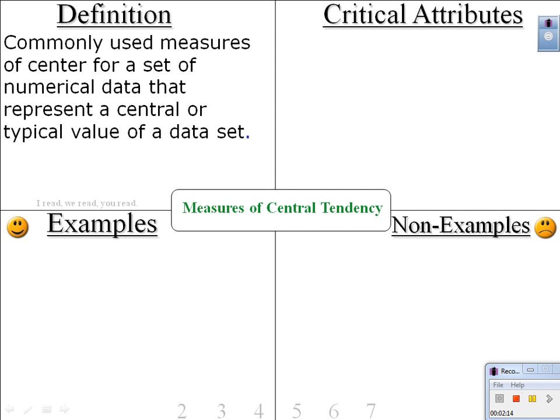But look at the definition. It says, commonly used measures of center. You're like, what does that mean? What it means, just to summarize it, commonly used measures. So, for example, if I was to ask you to measure the room size, what would you use? A ruler. So that's a commonly used.